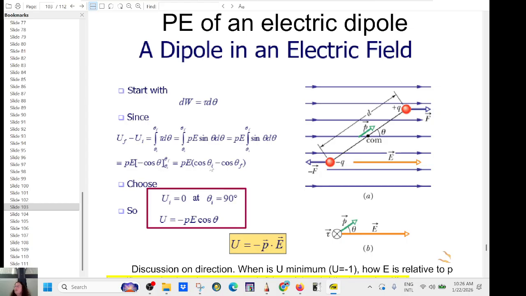So what's the work done when you are doing rotation? The work done is, by definition from physics 1, the torque times the angular displacement. If it's linear, it will be the force times the linear displacement. Now it's the torque times the rotational displacement. Anyway, you get to that equation, and again, you need to open your textbook.